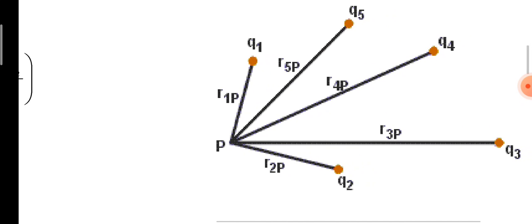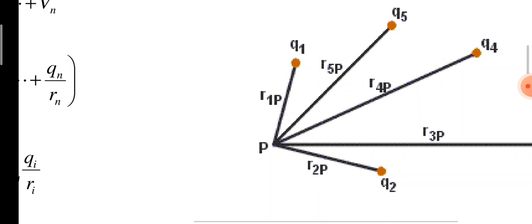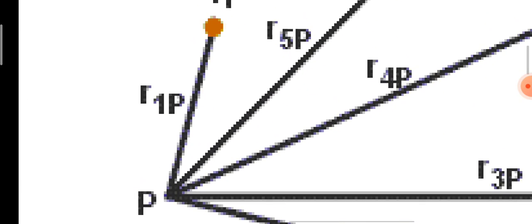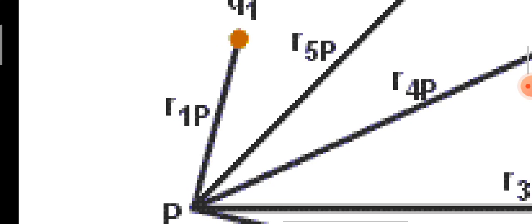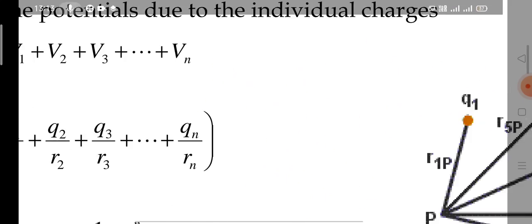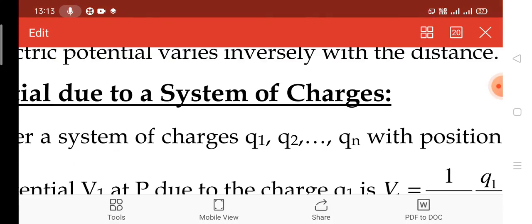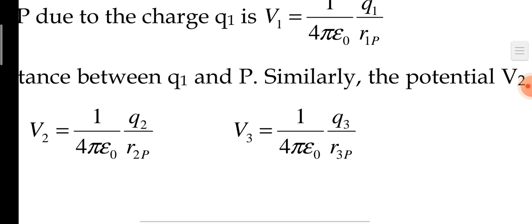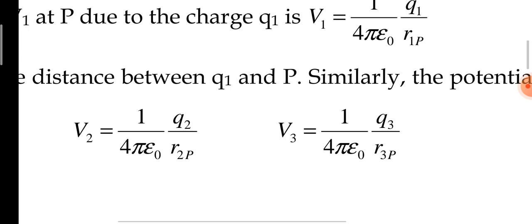Due to the Q1 charge, the electric potential at point P is 1 by 4 pi epsilon naught Q1 divided by R1. In a similar way, due to the second charge, 1 by 4 pi epsilon naught Q2 divided by R2.